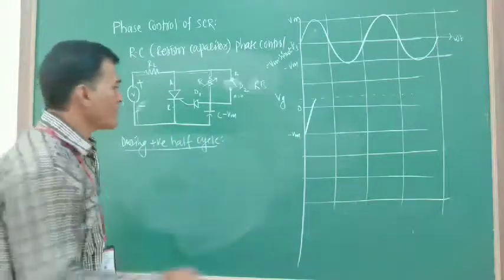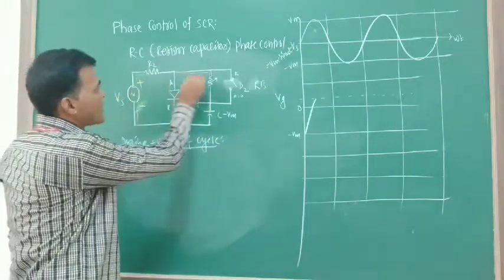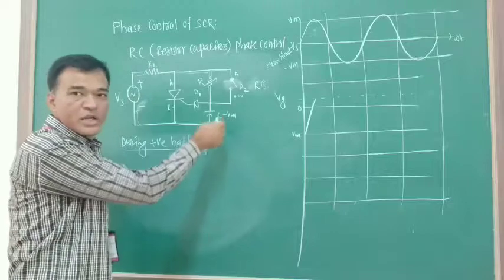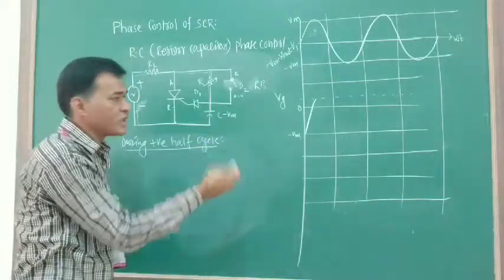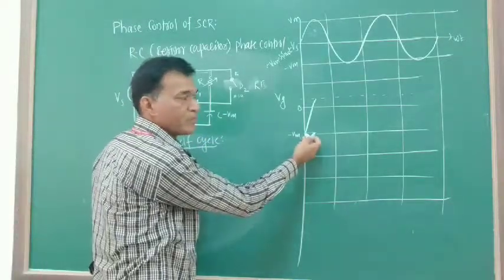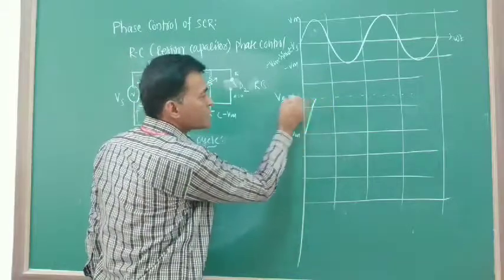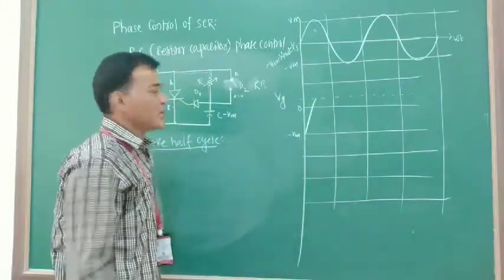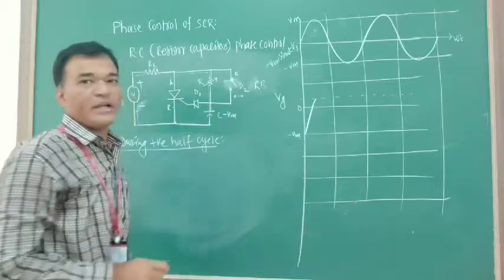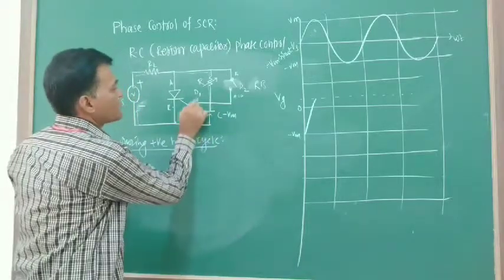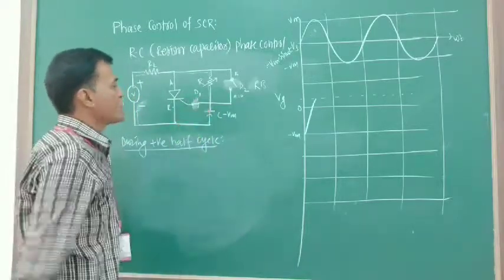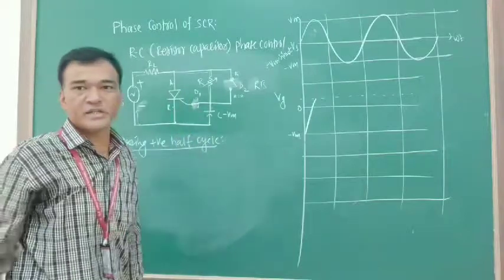Now as the current starts moving through this RC circuit, the capacitor starts charging slowly from minus Vm to a positive value. When it reaches this Vg, this diode D1 becomes forward biased and acts as a short circuit. The SCR gets turned on.